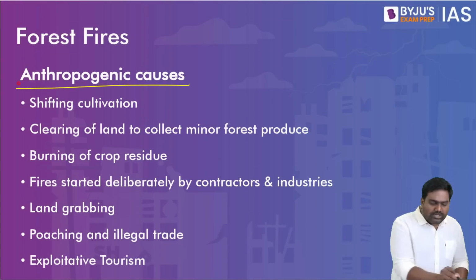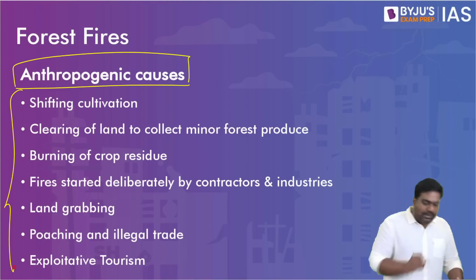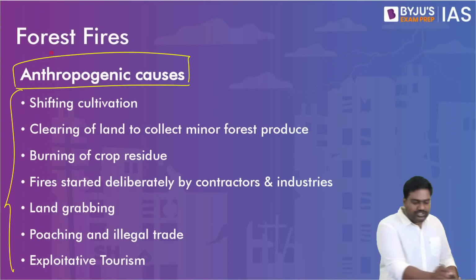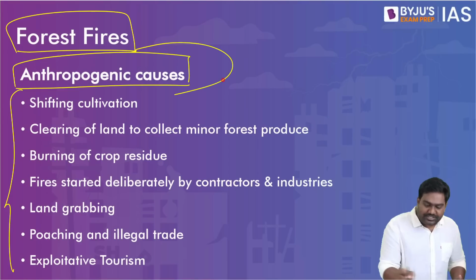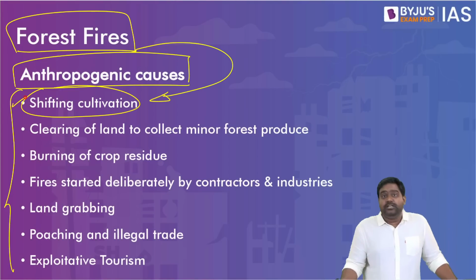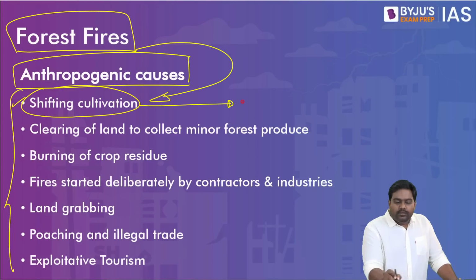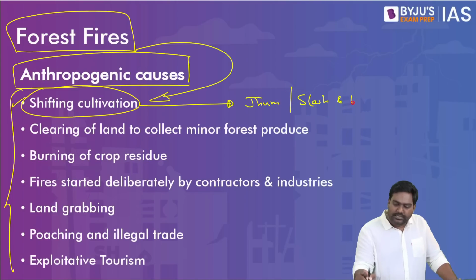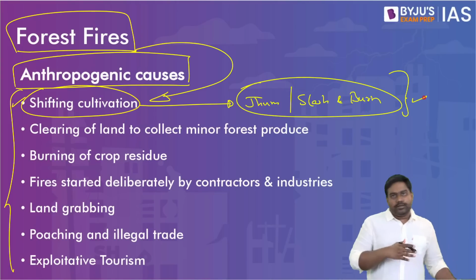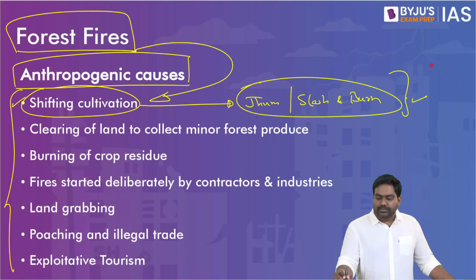The man-made causes. There are plenty of man-made causes, right? We humans have a knack to destroy our environment in many different ways, starting with agriculture. Shifting cultivation is a major threat. You would have heard about jum cultivation or slash and burn cultivation, where farmers deliberately set fire to the field to clear the path for agriculture, right?